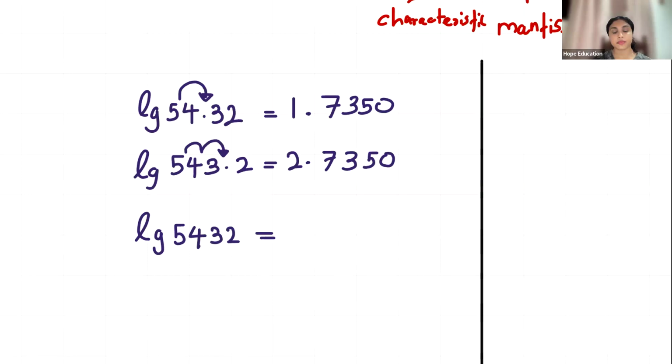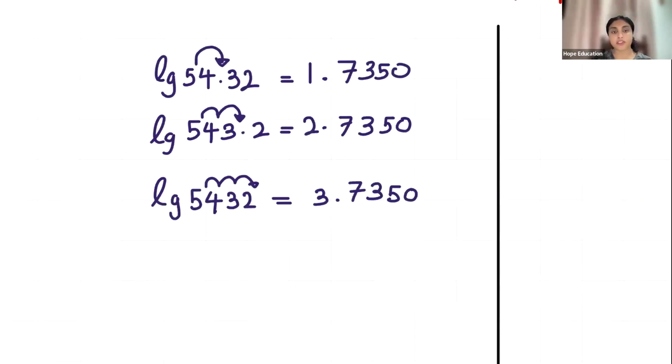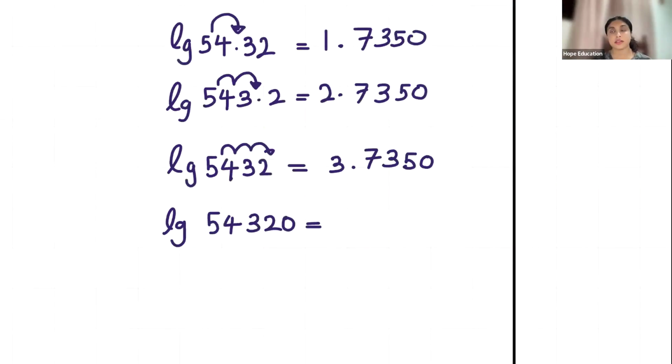First we read from the log table, so we get the mantissa, which is 0.7350. The decimal has gone three places back from the default, so it's 3.7350. What about log 54,320? Quickly tell. Fast.